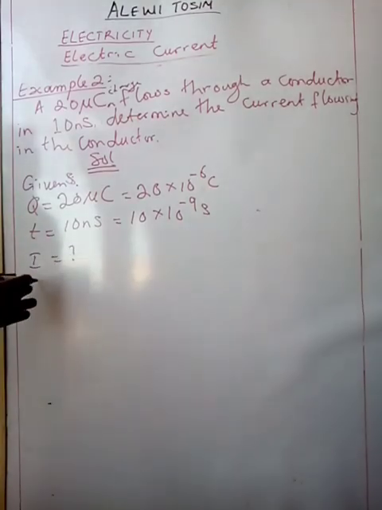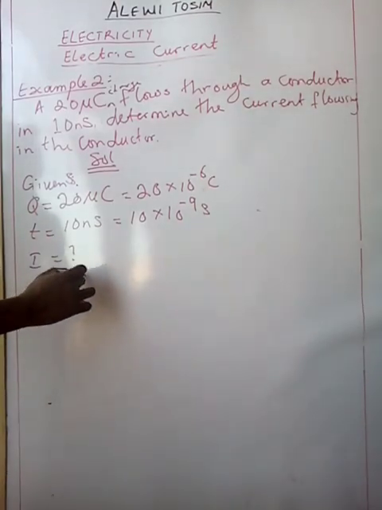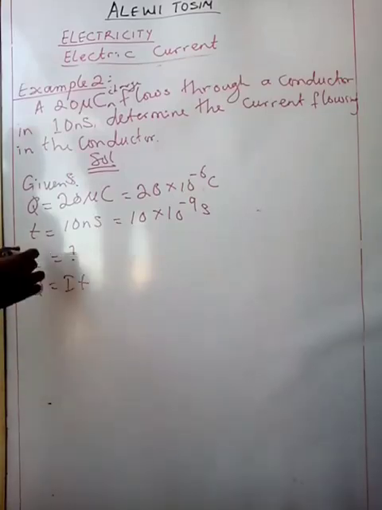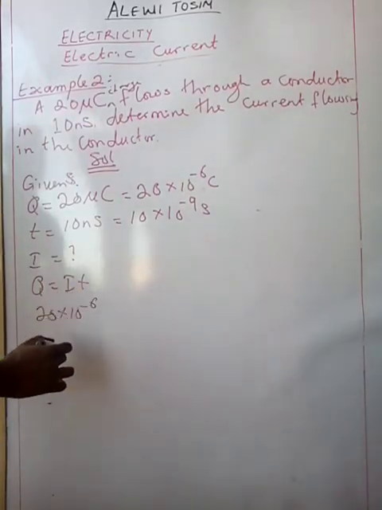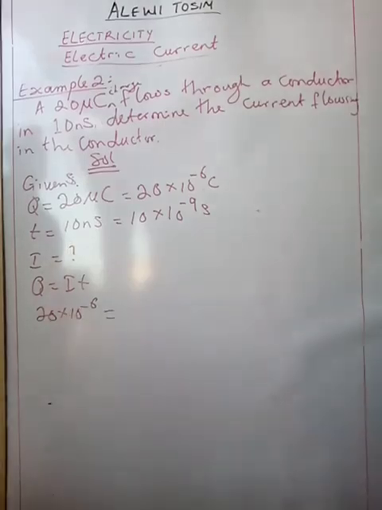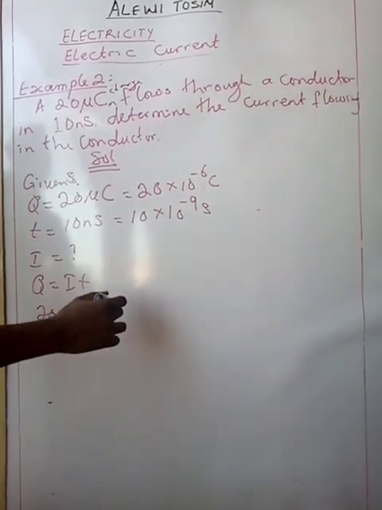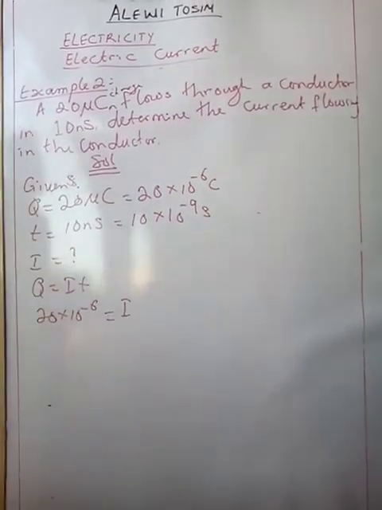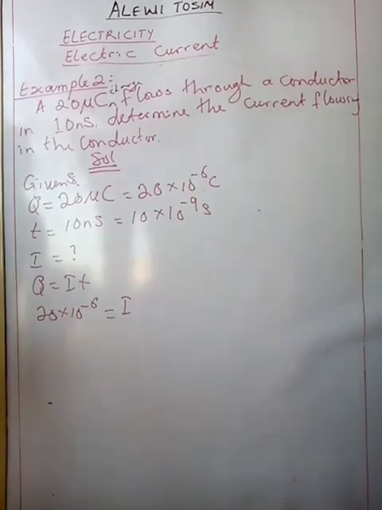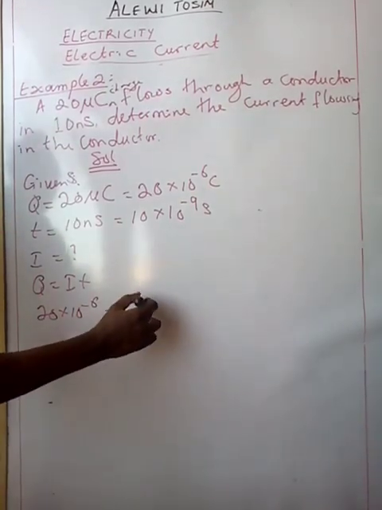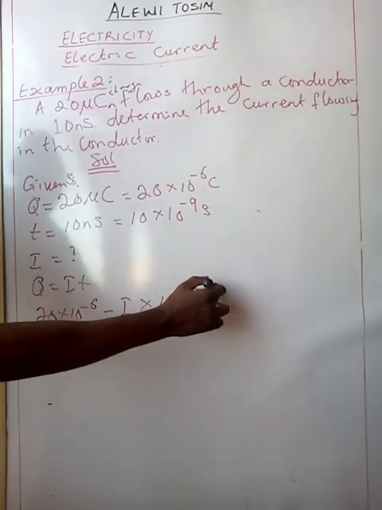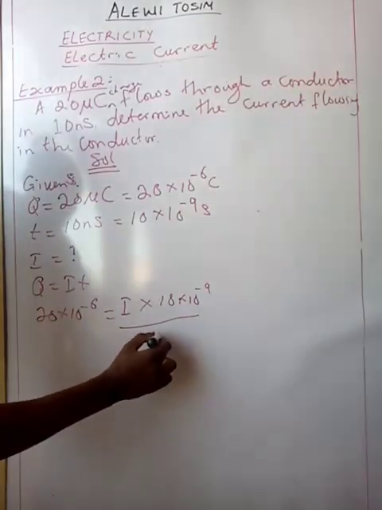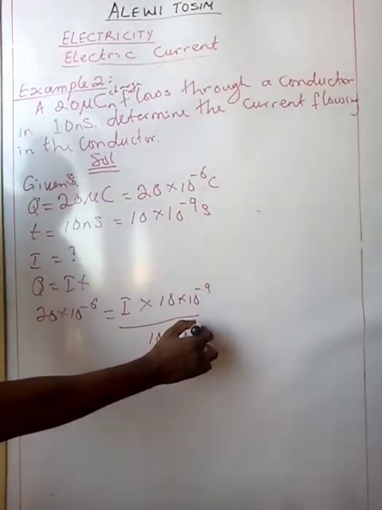Now, using Q is equal to IT, our Q is 20 times 10 raised to the power minus 6, our I is unknown, and our time is 10 times 10 to the power minus 9. Now divide through by 10 times 10 to the power minus 9.